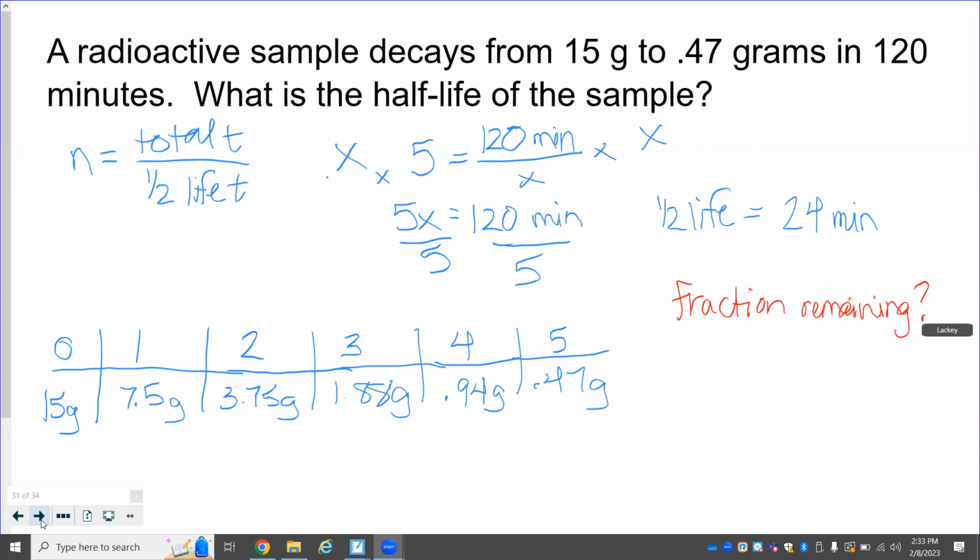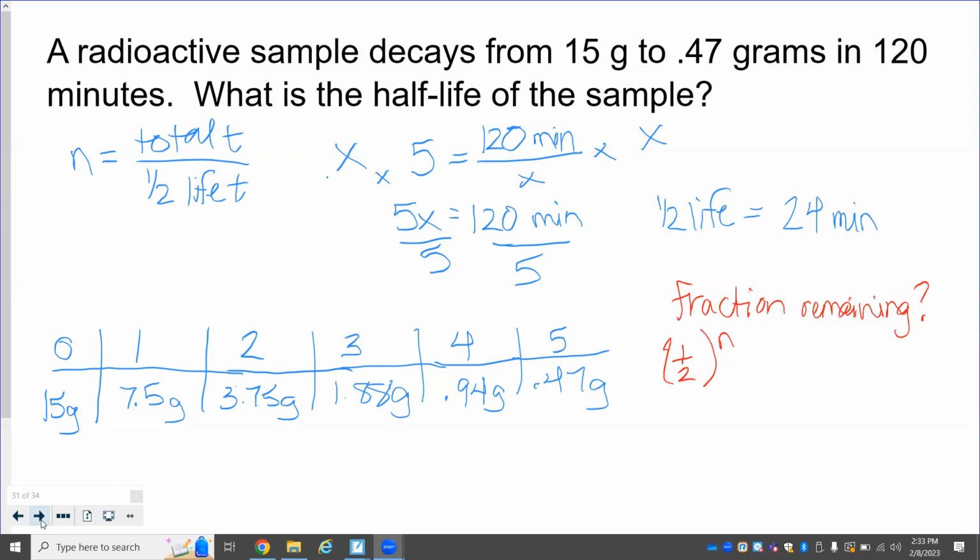So every time we cut a sample in half, it's like we are doing 1/2 to the number of half-lives.